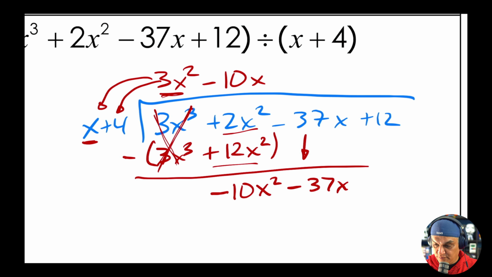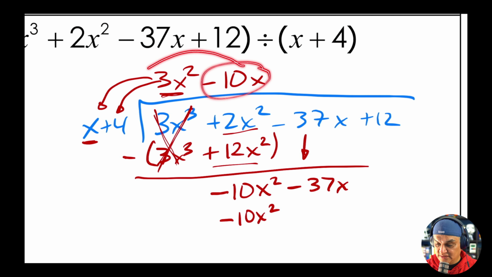Now let's multiply. To put the number right here, we need to multiply this times x, and that's negative 10x squared. That's exactly what we want. We want it to be the same because they're going to cancel out. The second one usually doesn't cancel out, so that's fine. Negative 10x times 4 gives us negative 40x.